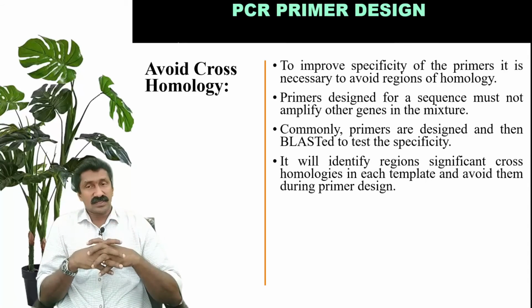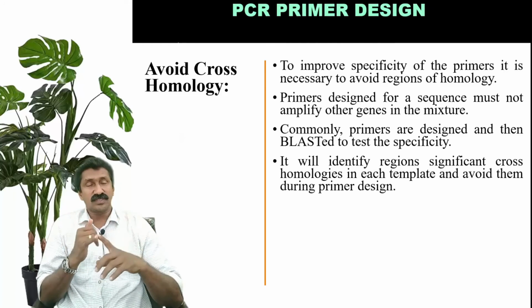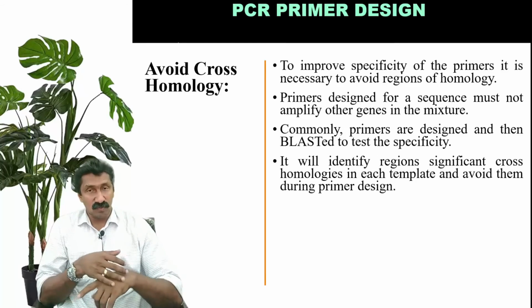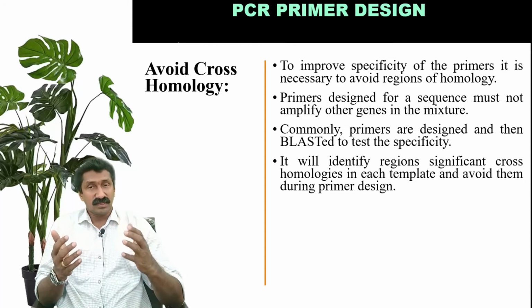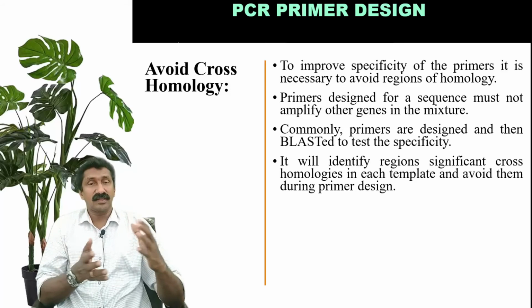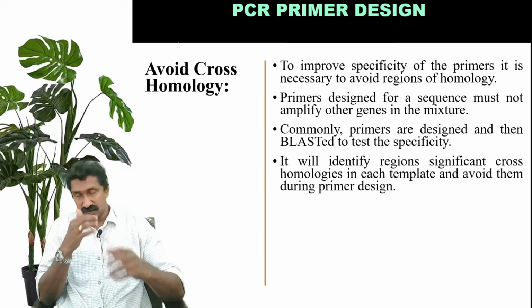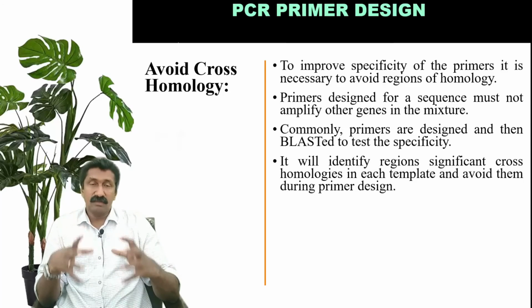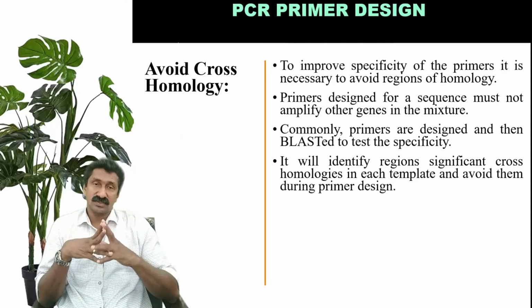The next factor is cross homology, and that needs to be avoided. To improve the specificity of the primers, it is necessary to avoid regions of homology, and the primer designed for a sequence must not amplify other genes in the mixture. So cross homology means that the primer should be specific to a particular sequence.